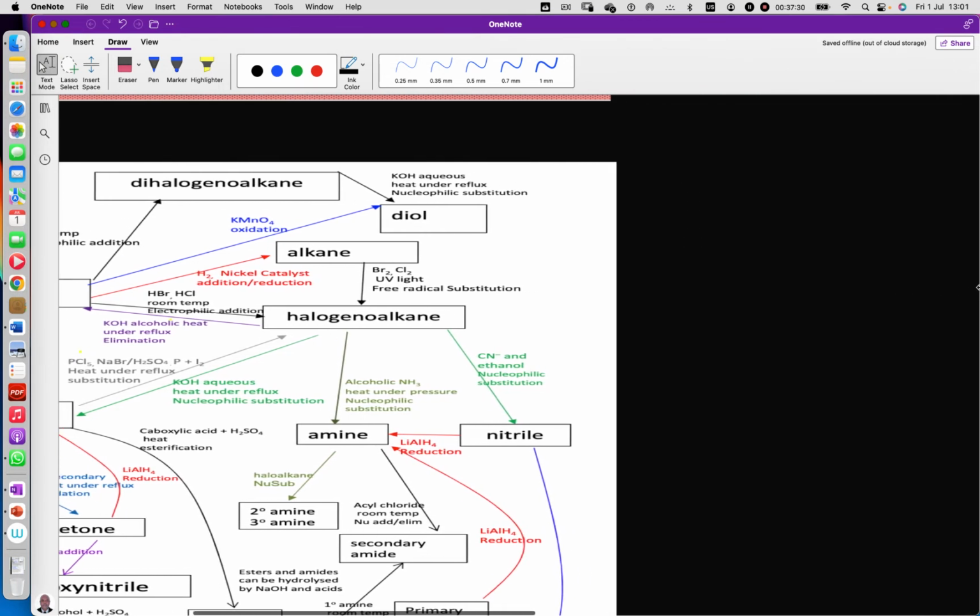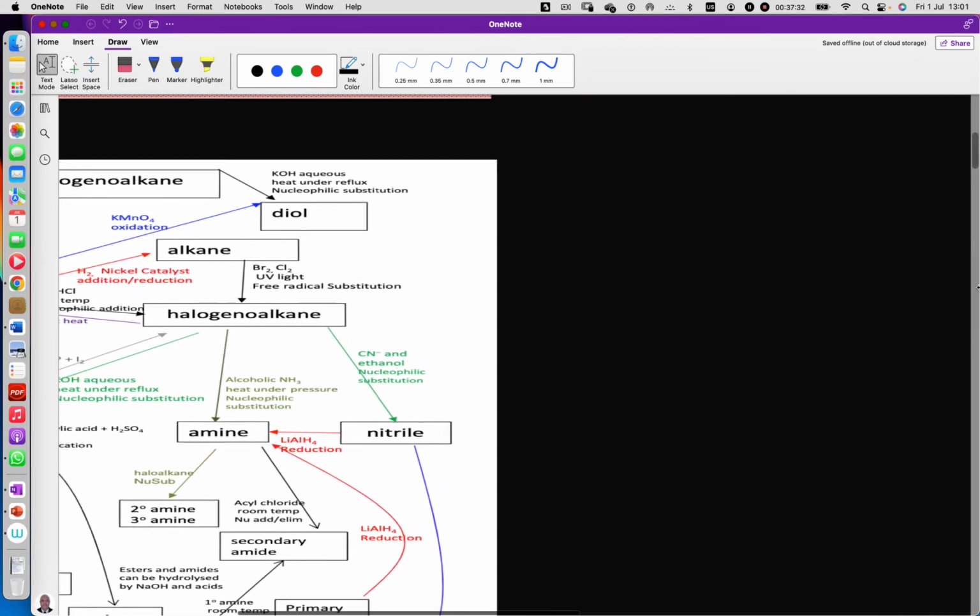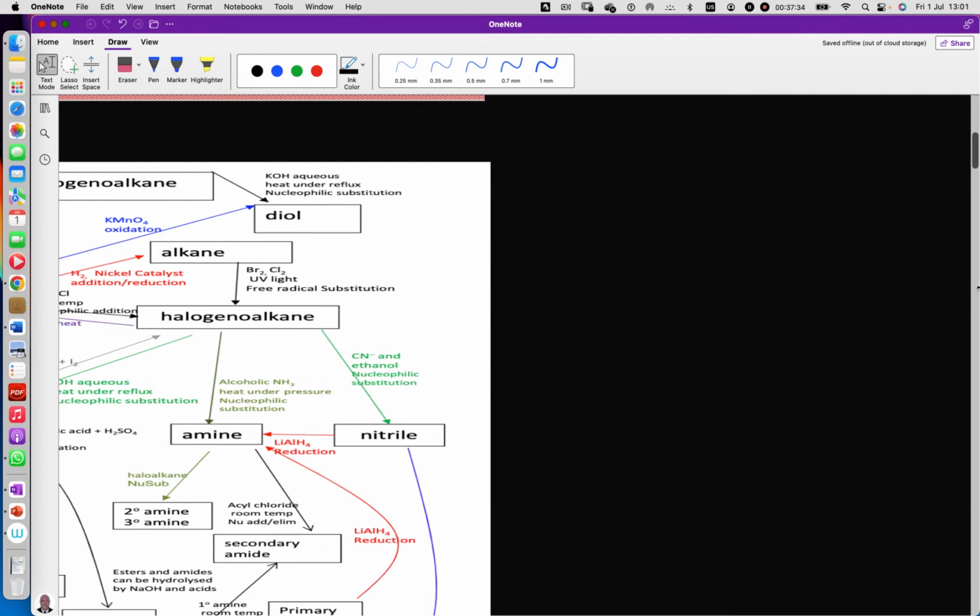There are two conditions of oxidation of alkene. The first condition is cool, dilute, acidified potassium manganate 7 at room temperature.